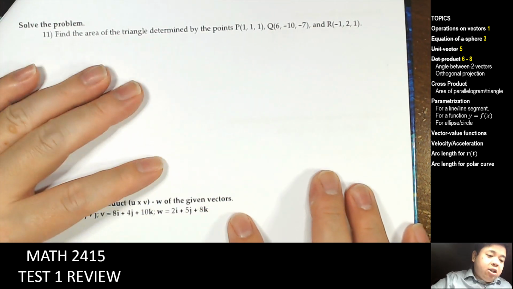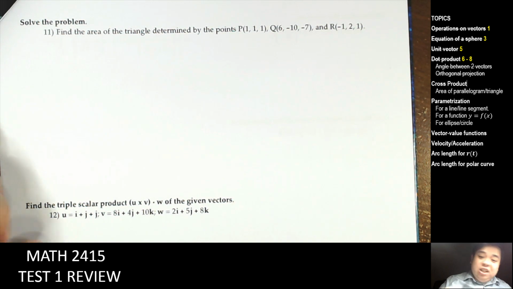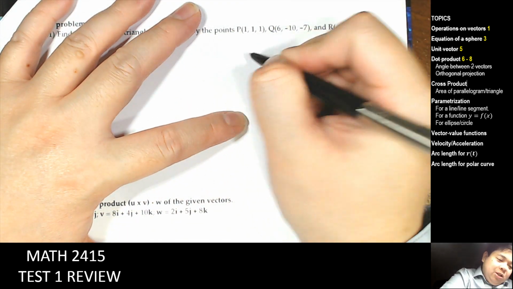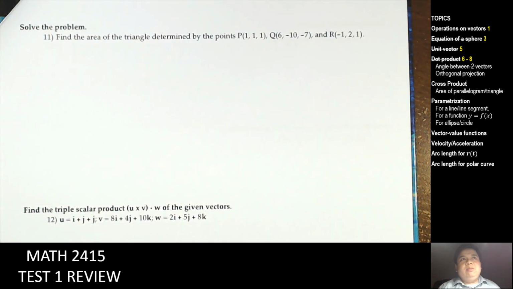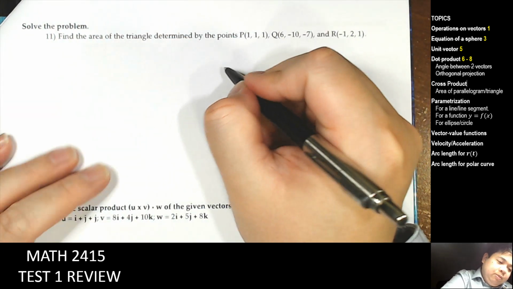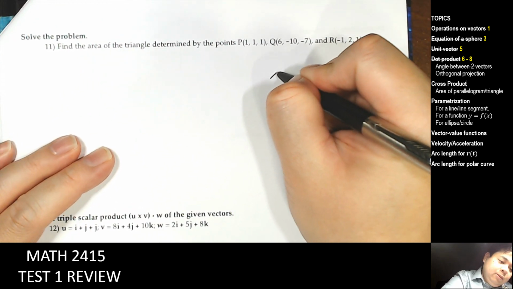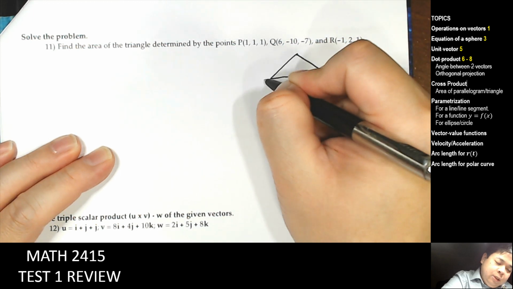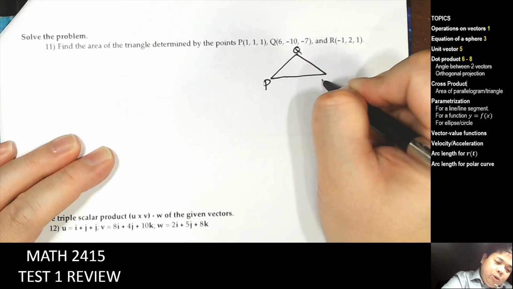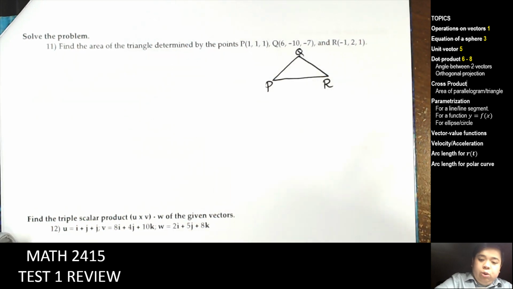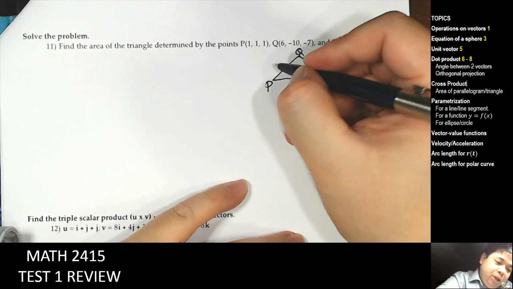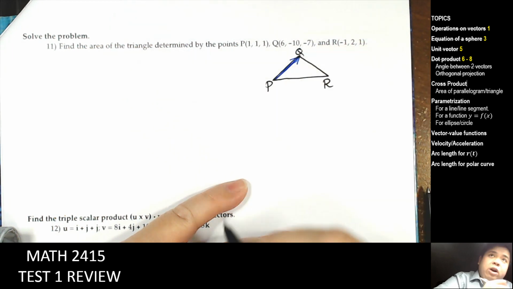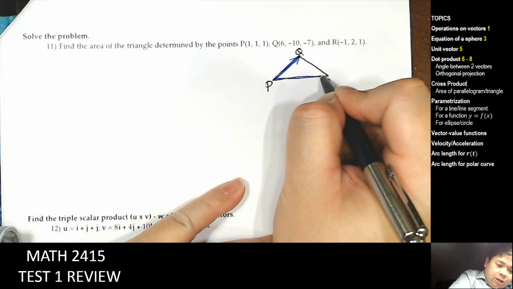This time we have a triangle, which is easier than the parallelogram. Let's sketch points P, Q, and R. We find the vector PQ, because we know the two points P and Q, and then the vector PR.